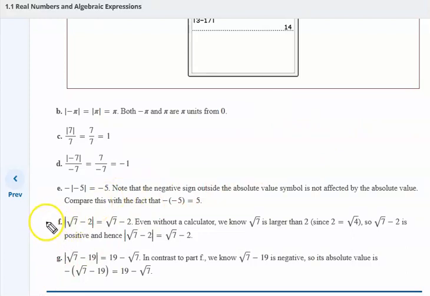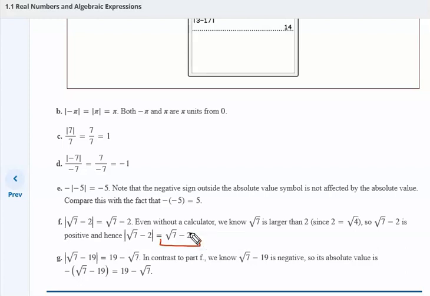Now, items F and G are a tad tricky. So let's look at the explanation they give, that even without a calculator, we know that the square root of 7 is larger than 2. See, square root of 4 is 2. So that we know then that this is positive. So when we take it out of the absolute value sign, it's this.